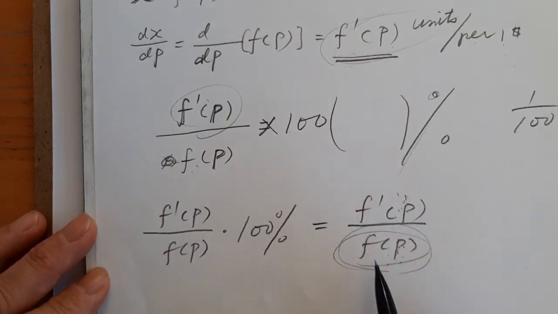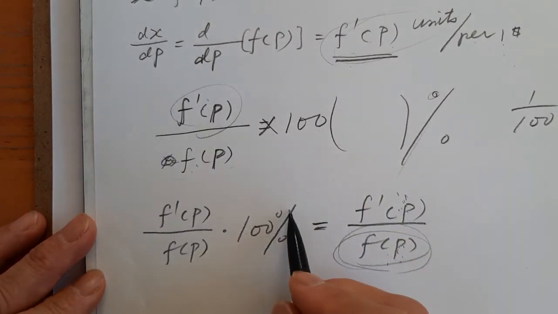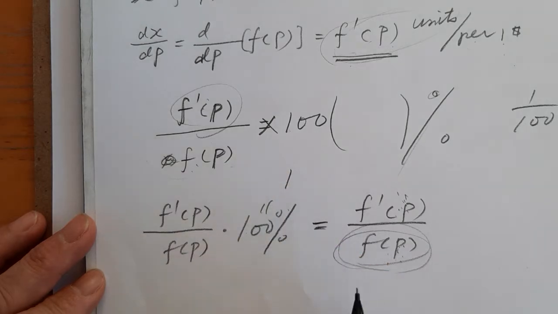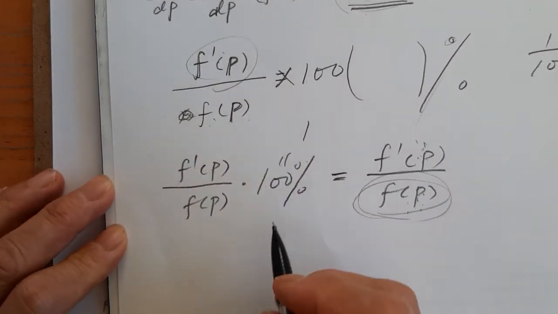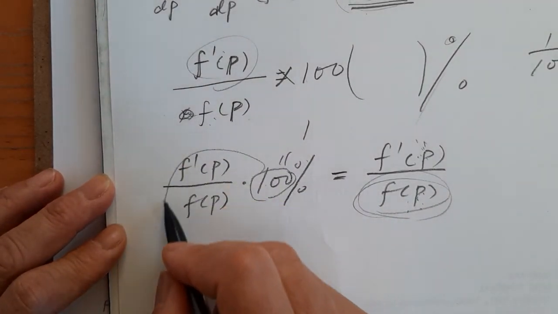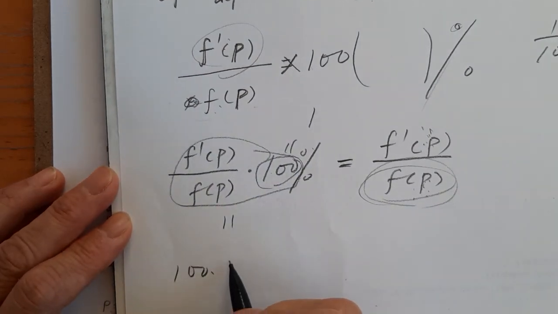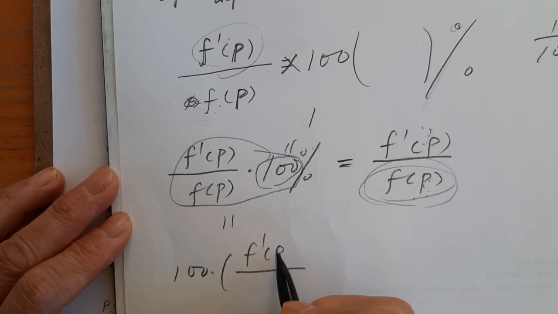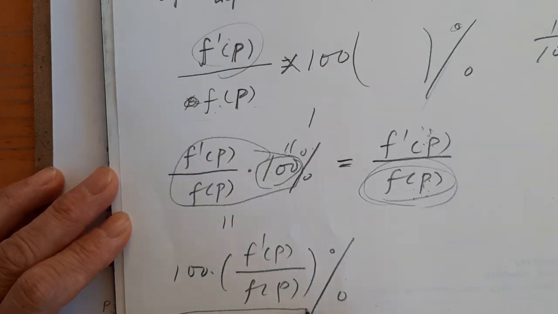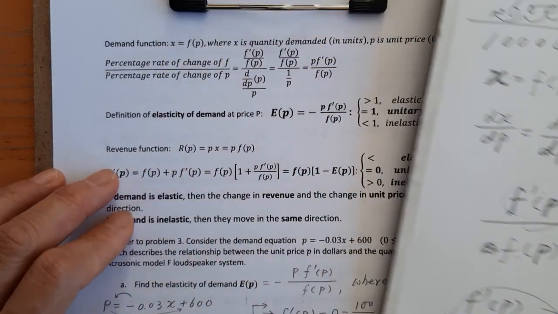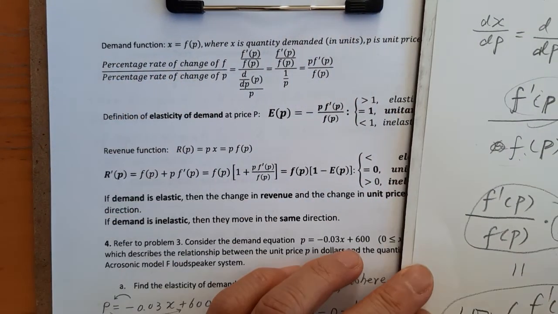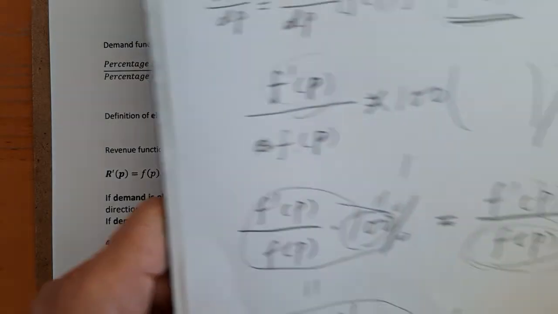Now you multiply by 100%, which is 1. This 100% is 1, so it is still equal. And then you multiply this with this. You get a percentage. You do 100 times f prime of P over f of P and put the percent sign. So this we call the percentage rate of change.